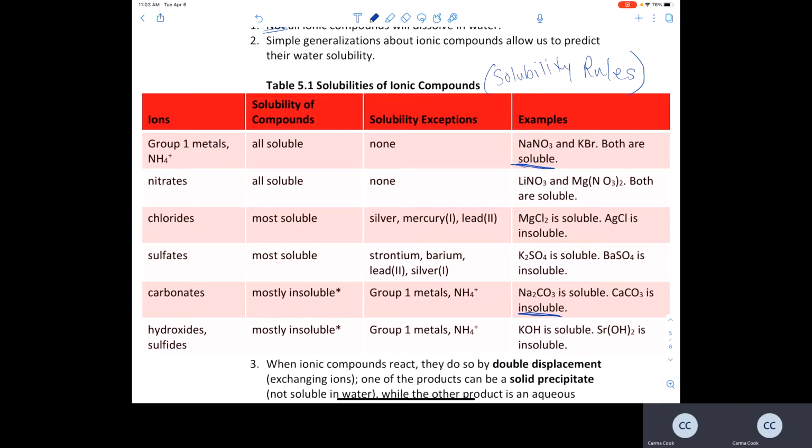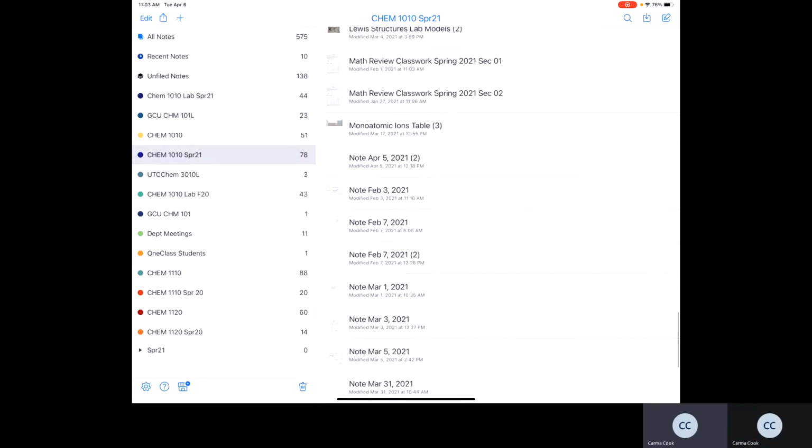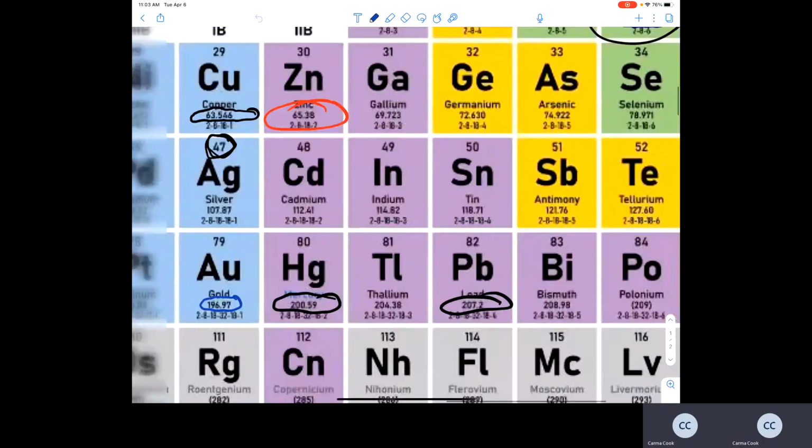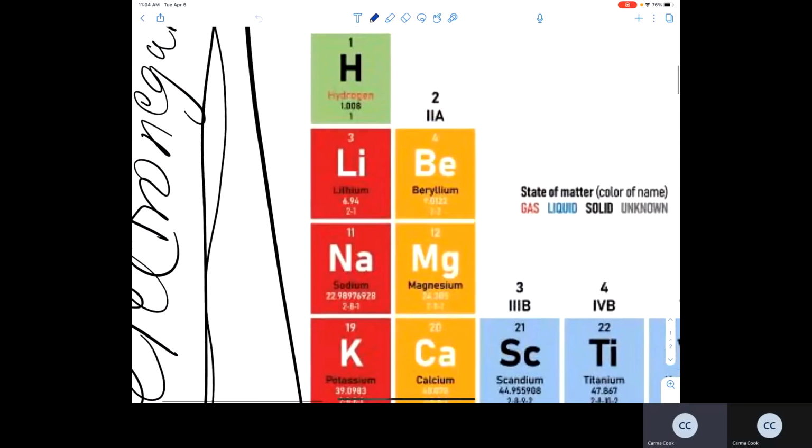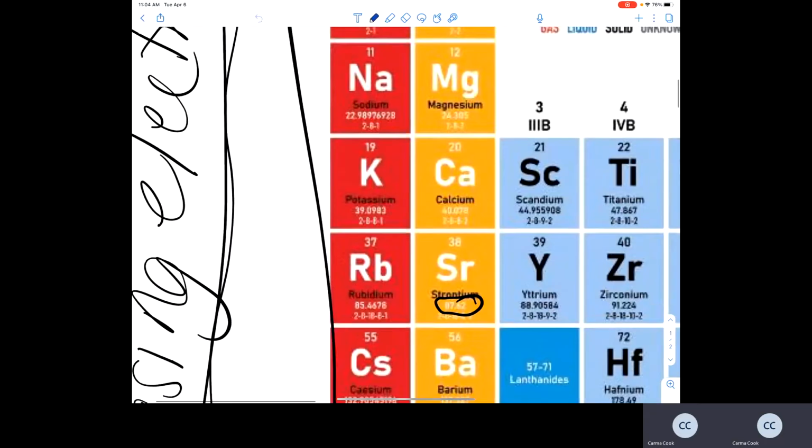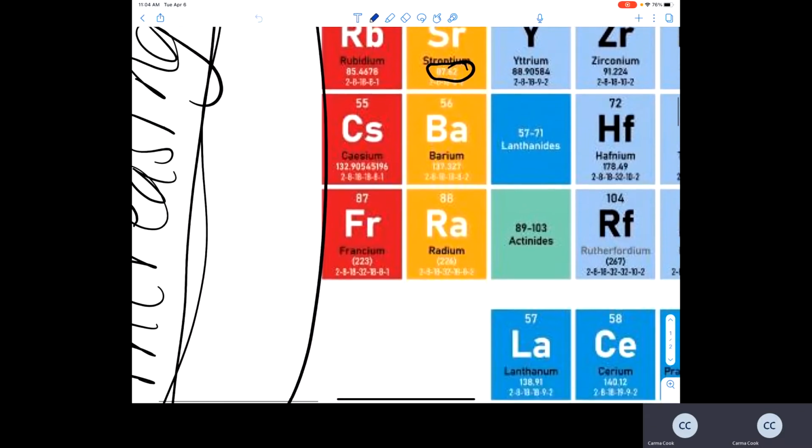And so on the far left, this column tells you the type of ions. And if this type of ion is a part of the salt, then the rule will tell you whether or not that particular salt will be soluble or not soluble. So for example, if a salt contains a group 1 metal, the group 1 metals include lithium, sodium, potassium, rubidium, cesium, and francium.